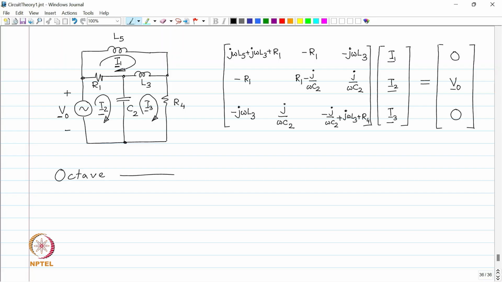How will you enter this in Octave? Octave will give you a screen and there you will have to enter the matrix.